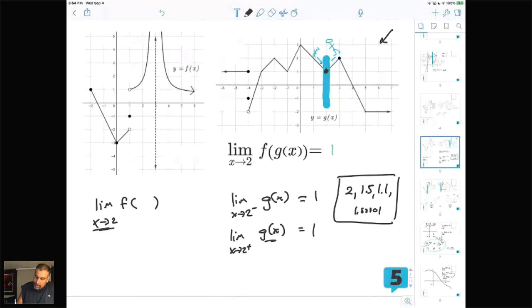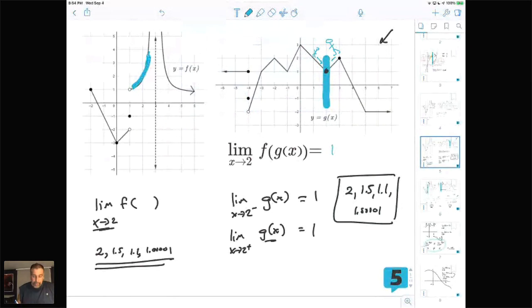Now we have to take on what the g of x is doing. And the g of x is making us run through the numbers 2, 1.5, 1.1, and 1.0001. So if we look at what happens to this function as we follow this pattern of numbers, that means we're approaching 2 from this side right here.